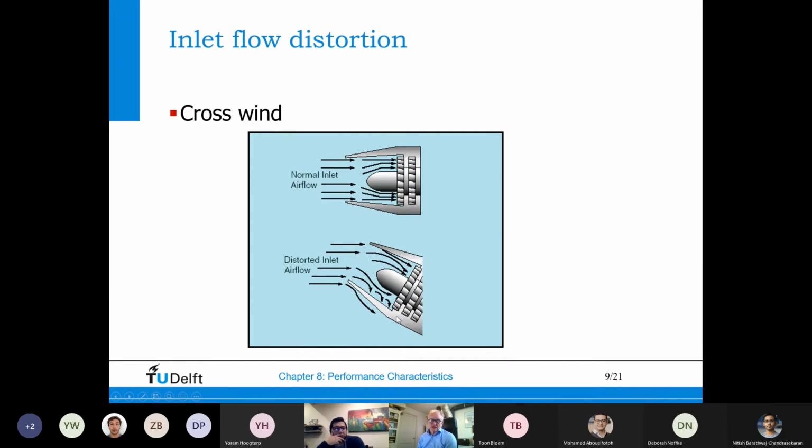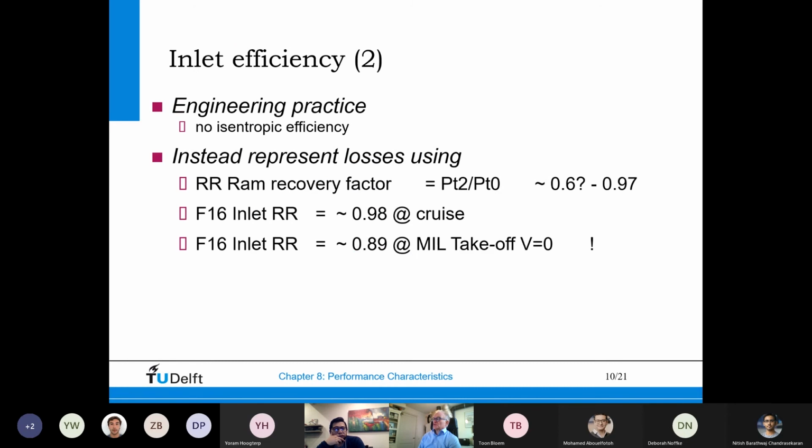But then again, you get into the aerodynamics of the compressor itself, which is a different topic, but it will cause stall. So this is another chart on inlet efficiency. It's actually the same. So at cruise it's 0.98 inlet efficiency, but at takeoff the F-16 inlet ram recovery is 0.89. So okay, 11% loss, which is actually quite dramatic.